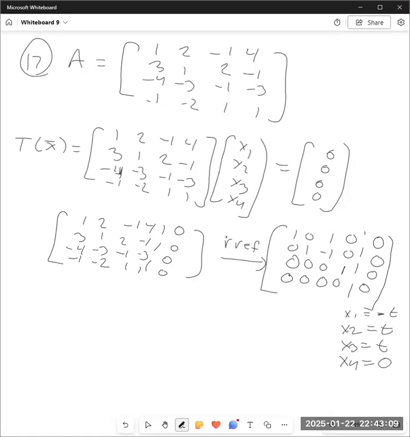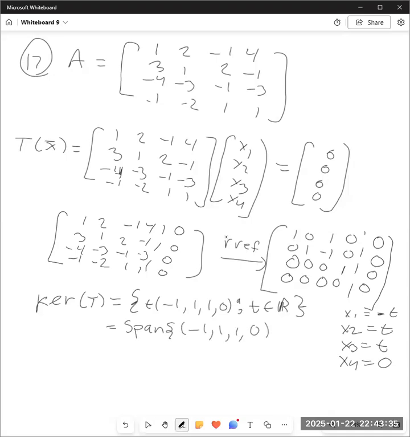So I have the kernel of T is equal to t times (-1, 1, 1, 0), such that t is an element of the real numbers. Or I could write that as the span of (-1, 1, 1, 0).